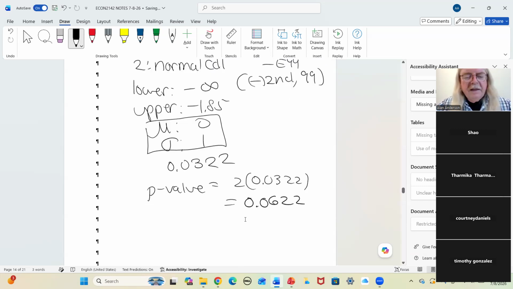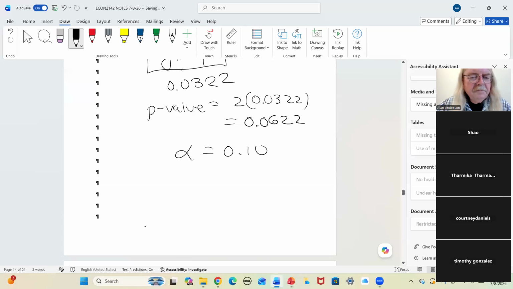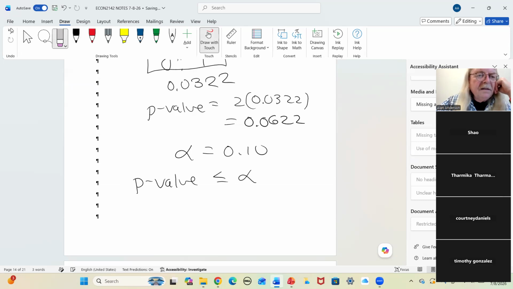Okay, now the alpha was 0.10 though. So therefore, the p-value is below alpha. And of course, that means reject the null.